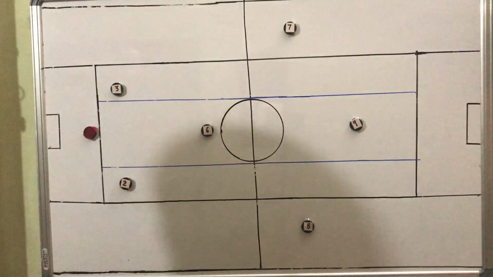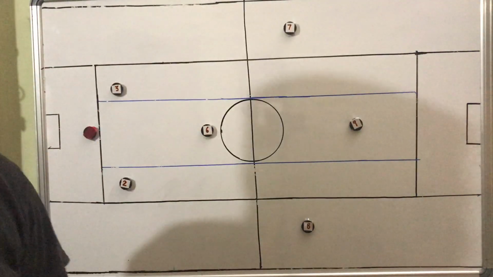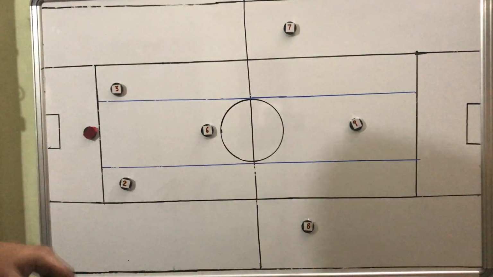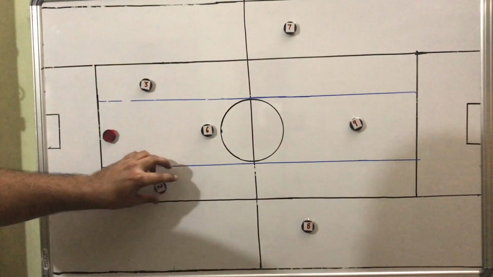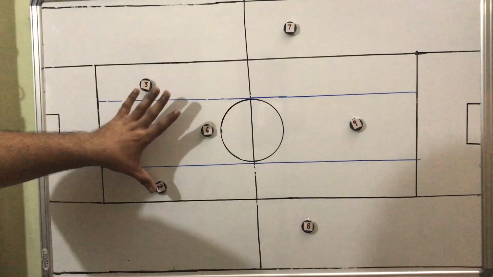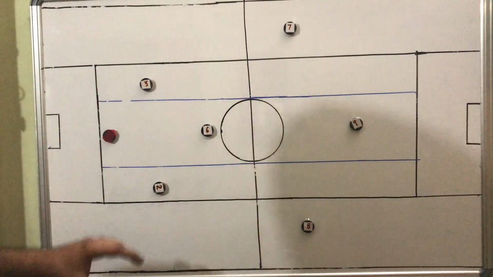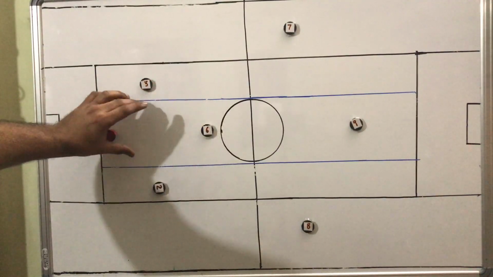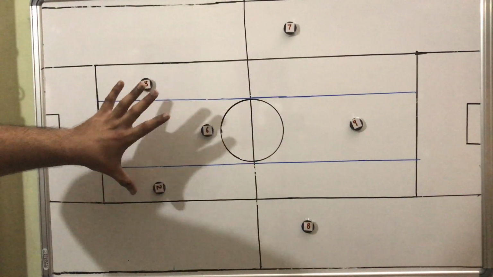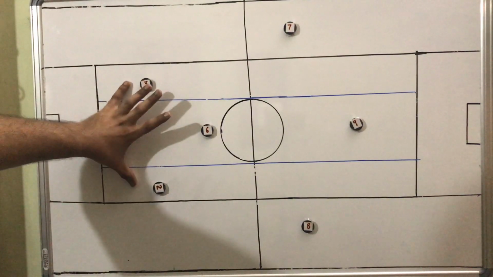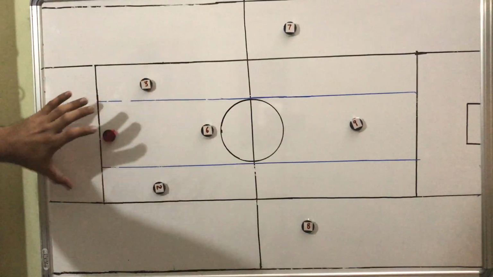So tomorrow when we play, this is again the formation which I showed you earlier when I divided the pitch into thirds. We're looking at playing like this, 2-1-2-1. This 2 over here, right now I've shown it in the half spaces. The reason I've shown them in half spaces is that with the keeper, the defenders need to be closer to the goal because we want to protect the central area.